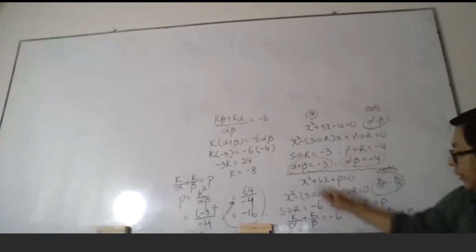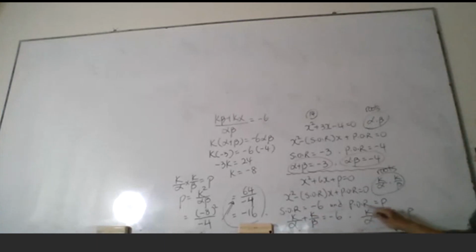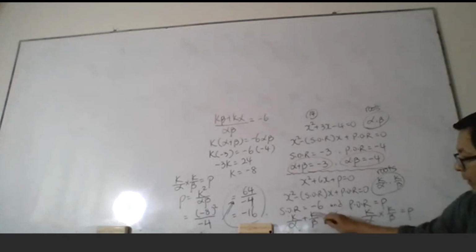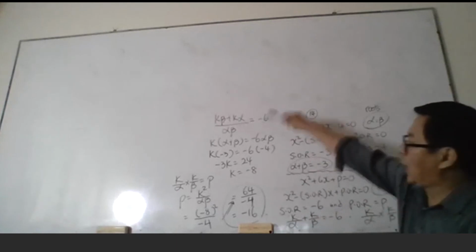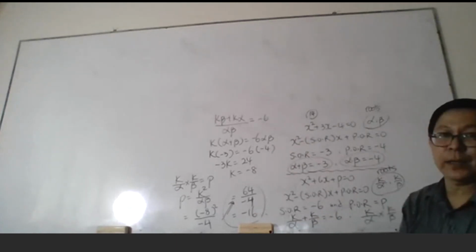Sum of the roots, -6. Product of the roots, you get p. K over alpha plus k over beta equal to -6. K over alpha multiplied by k over beta equal to p.